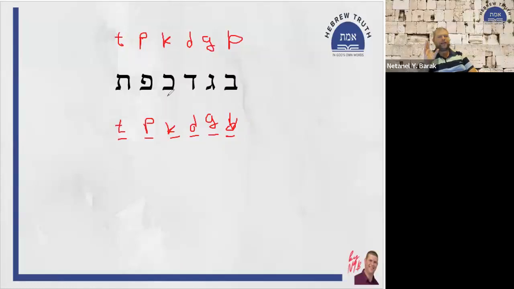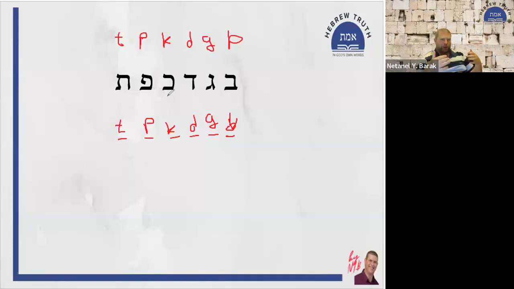Okay, so that's the story of the weak dagesh. I know it's a little bit counterintuitive, because you think that the dagesh was added in certain circumstances, but it's really the other way around. The dagesh represents the consonant that existed originally, and the lack of the dagesh happens following a vowel.